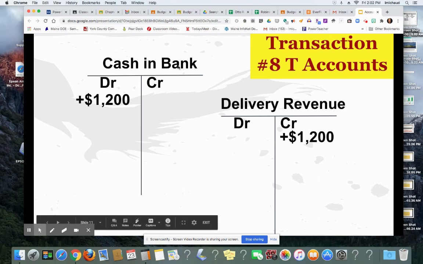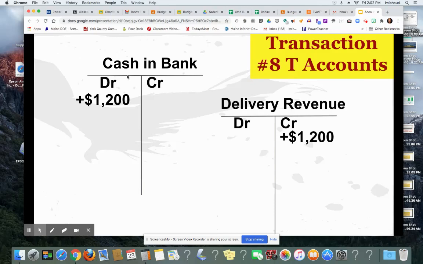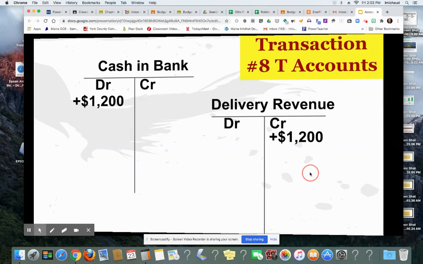You provided a service and somebody gave you money for that service. That increases your asset, so you debit cash in bank. And that also increases the amount of revenue that you've brought in through providing that service, so you credit. Okay, so usually when you debit one account, you credit the other. That's why at the end, all your debits equal all of your credits.